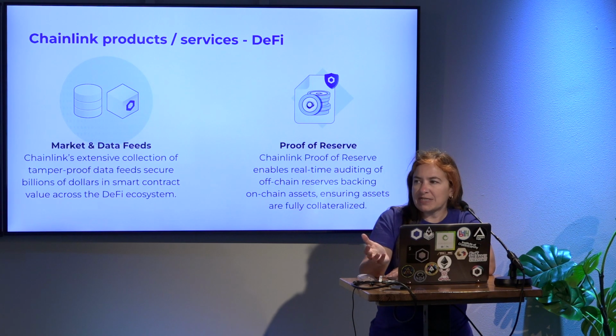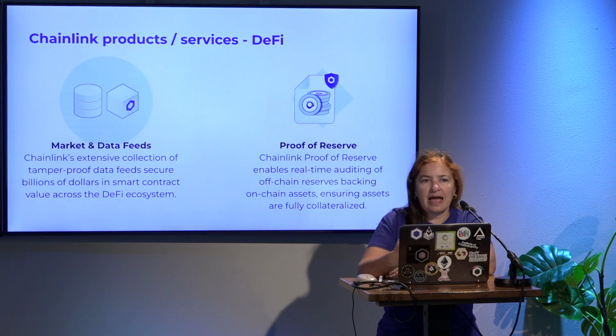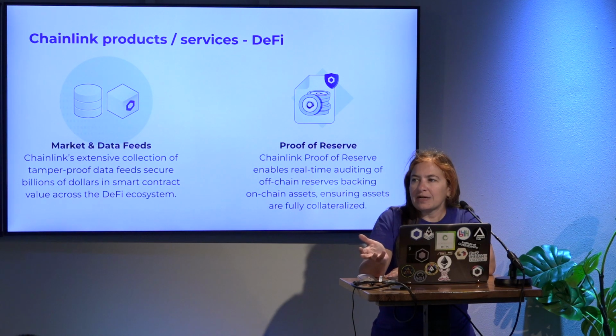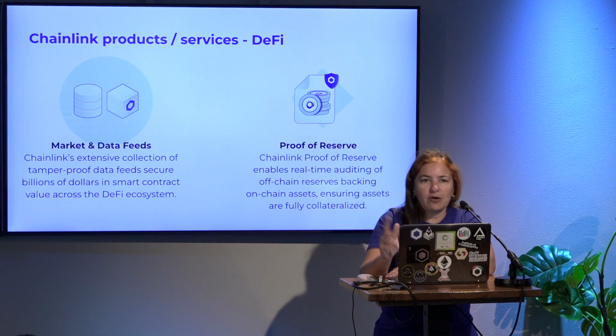With the proof of reserve, we can check the amount of Bitcoin that they have in their wallets and, for example, check if the emission of WBTC is greater than this. Because if they have more WBTC than Bitcoin, this is a problem. It's under-collateralized. So this can be checked by your system, by your app, in your smart contract, for example.